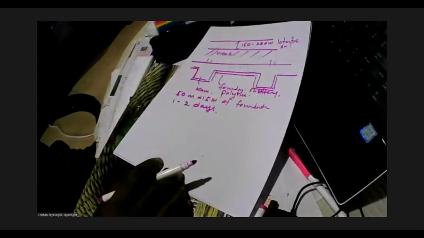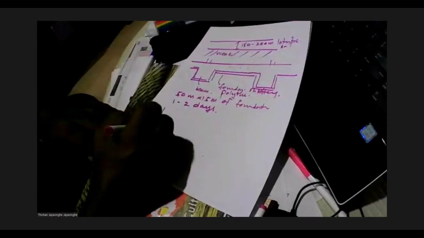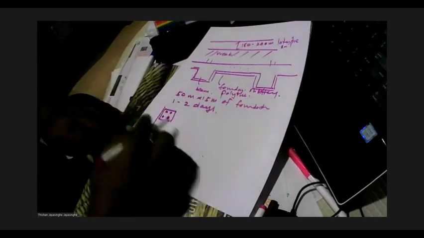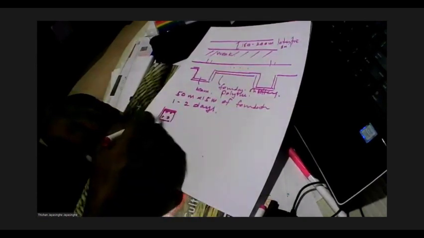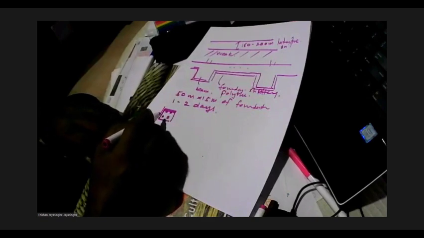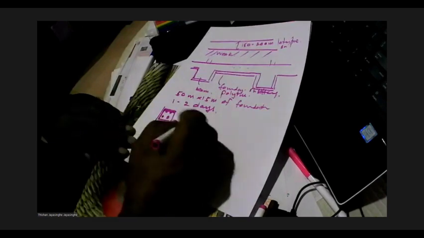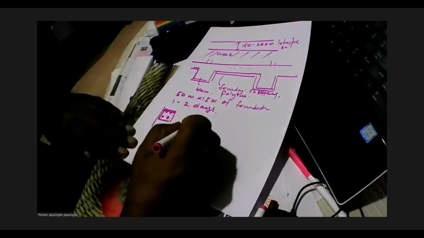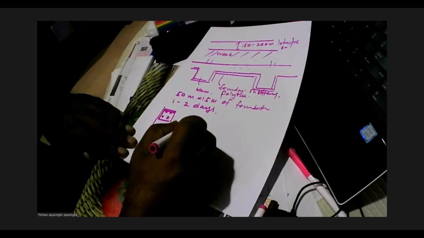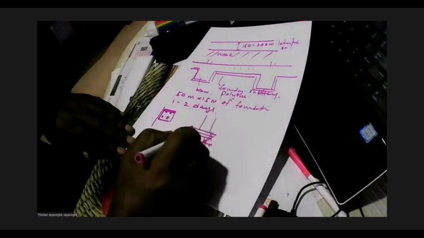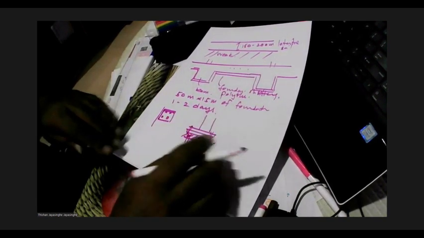And then once you have the foundation with the starter bars, it's a matter of welding a plate to those starters and locating the column base. Then you have the column base welded to the reinforcement, and then it's a matter of fixing another plate, and then you can erect it and grout this way.